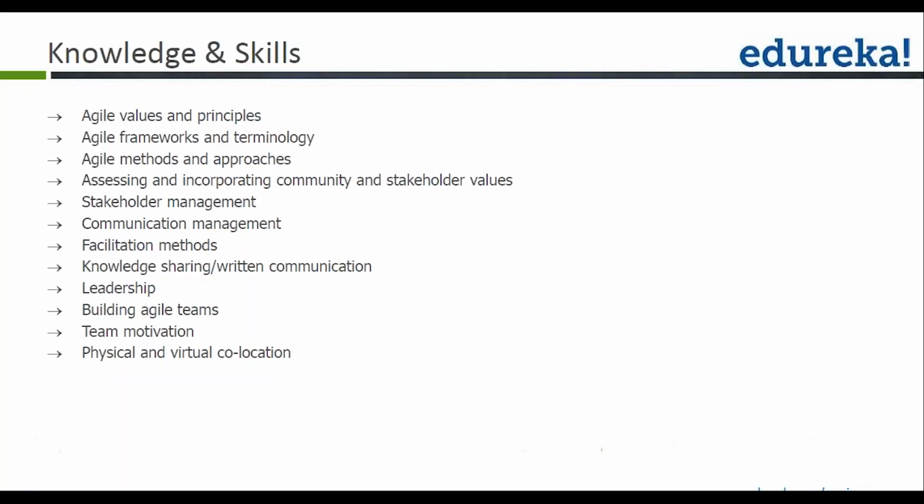How do we go about and build agile teams? How do we motivate resources? And co-location. And co-location is divided into two parts: physical co-location and virtual co-location.